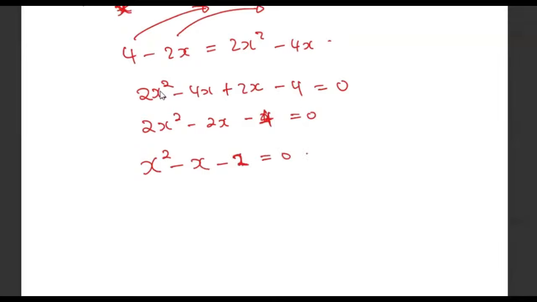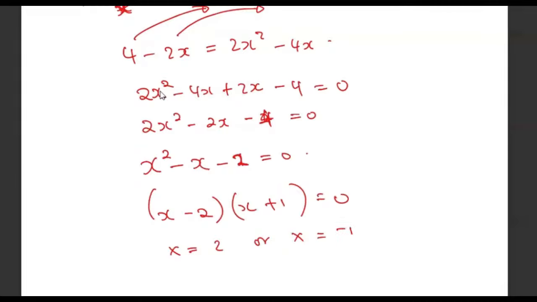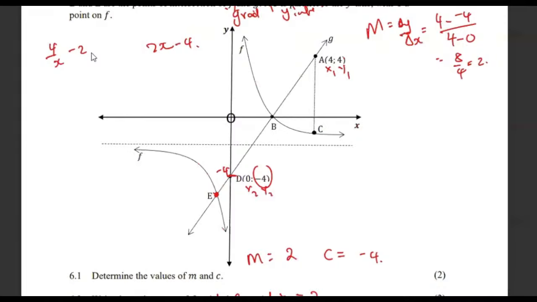Then let's factorise: (x minus 2)(x plus 1). So x is 2 or x is negative 1.